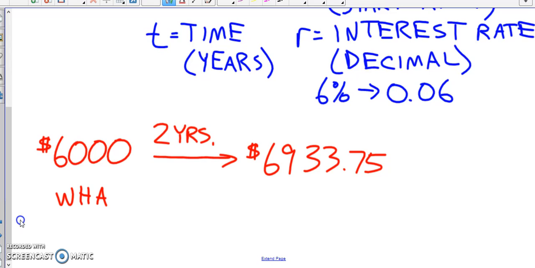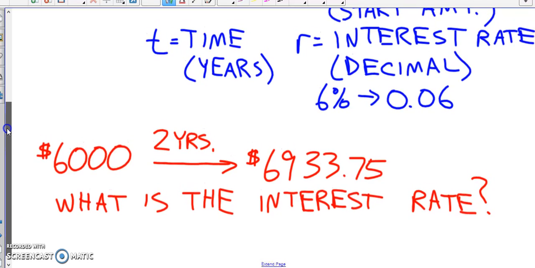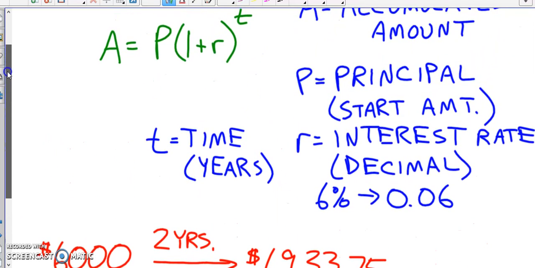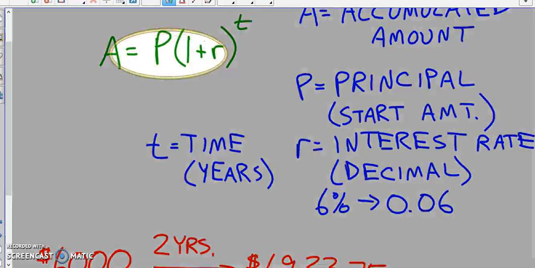What is the interest rate? Well, you have to figure out where to put these numbers in this formula right here.